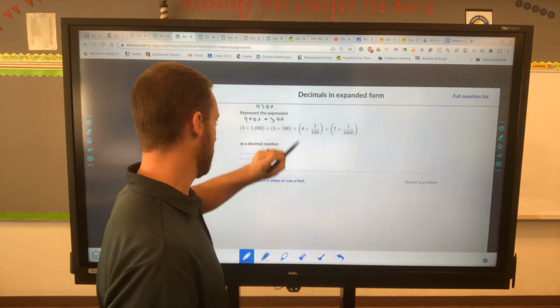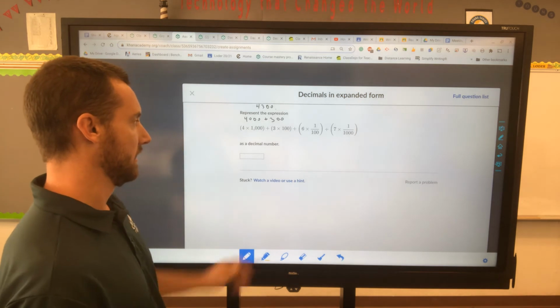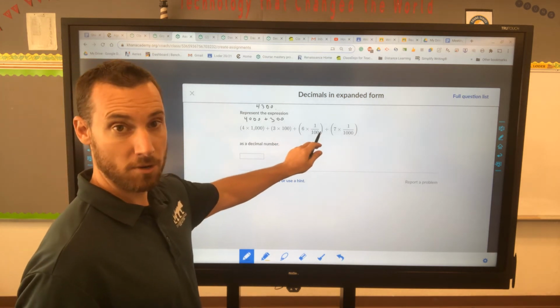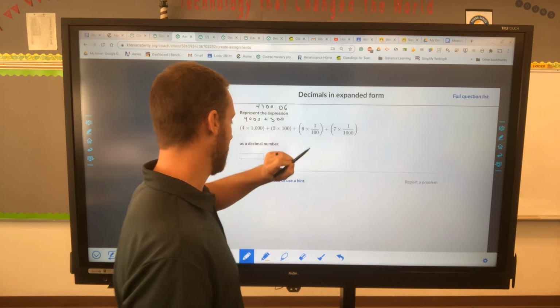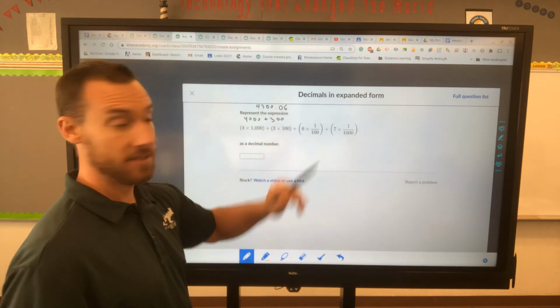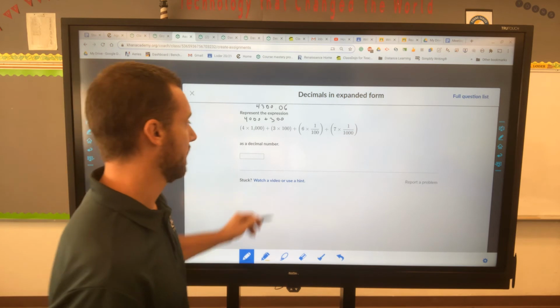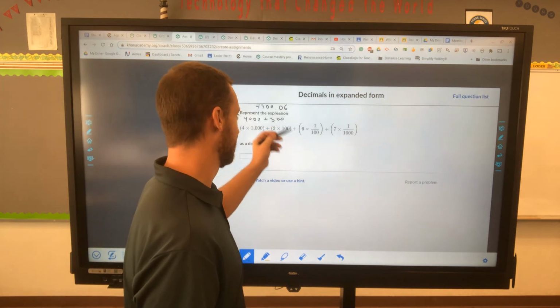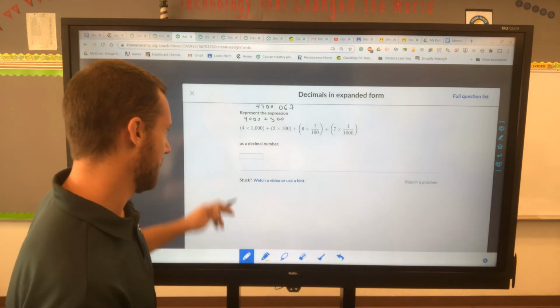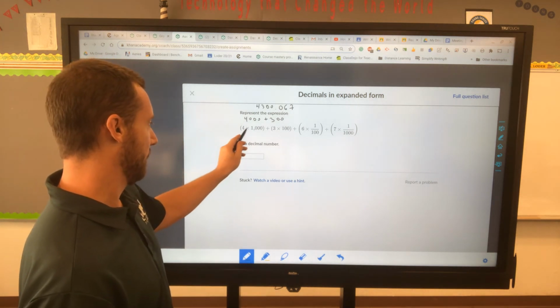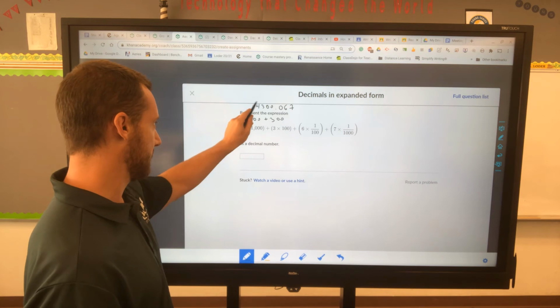All right, and now let's look at the other side. 6 times 100th is 6 hundredths. 7 times 1,000th is 7 thousandths.